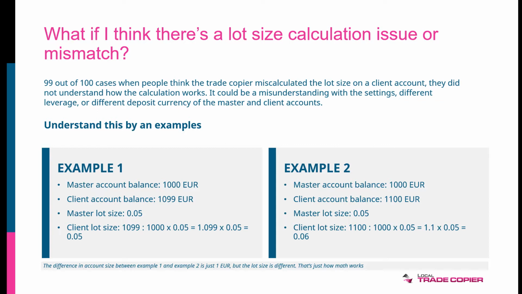We get the ratio of 1.1 and multiply it by 5 microlots, and this in return gets us 6 microlots. So the difference in account size between example 1 and example 2 is just 1 lazy euro, but the lot size is different. That's just how math works.